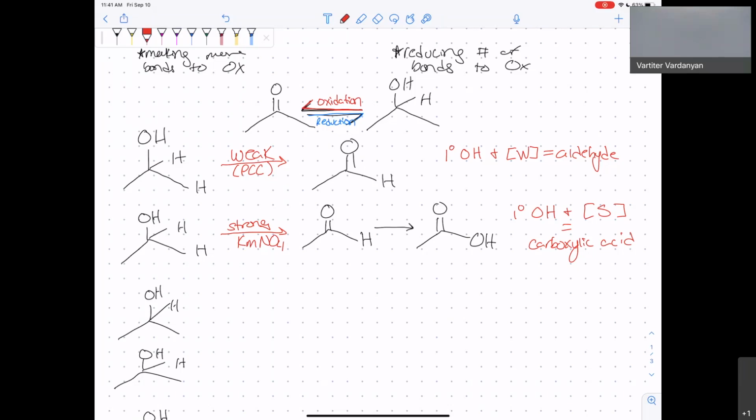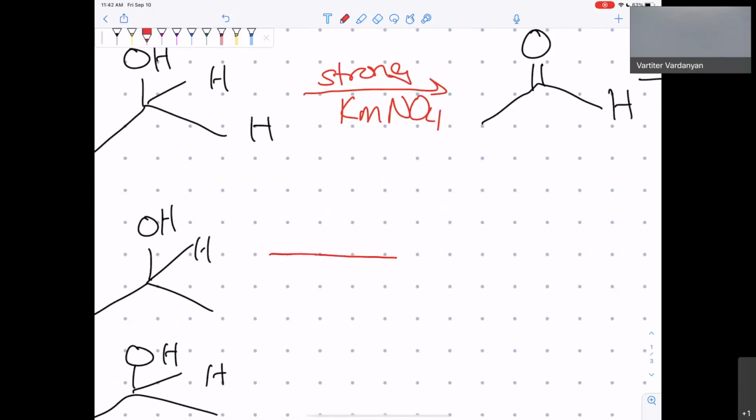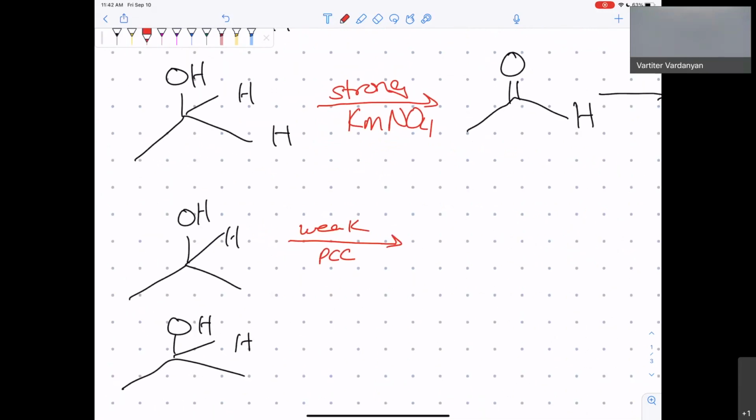So next we have secondary. If we have a secondary alcohol and we react it with a weak reagent, let's say PCC, what do you think it's going to form? A ketone. Why is that?